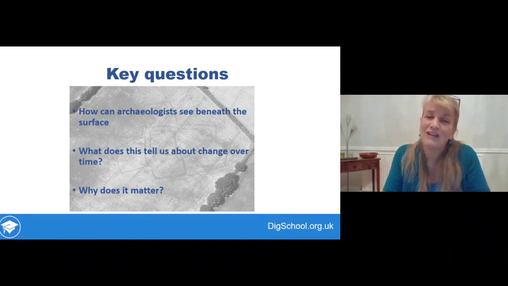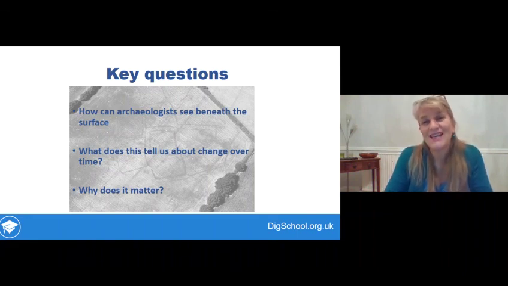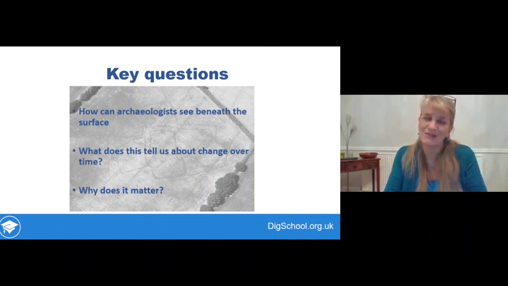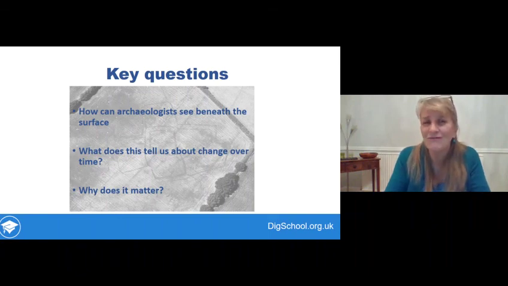And I hope you've got a feeling of why this matters. It's amazing that we're able to record this. These features, particularly if we're seeing them as crop marks, are often visible only for a very short period of time. And if you're studying this in June when this dig school is released, this is absolutely the perfect time of year for crop marks, particularly if it's been quite hot and dry.